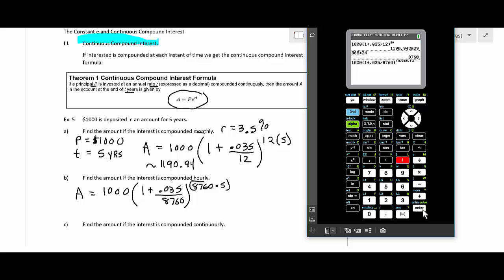We should get something a little bigger. It looks like I'm getting 1191.25. So it's growing a little bit, which is what you expect. Everybody with me?